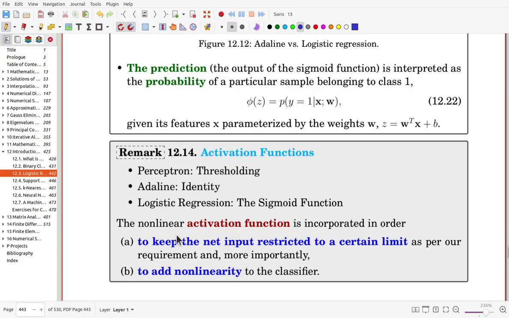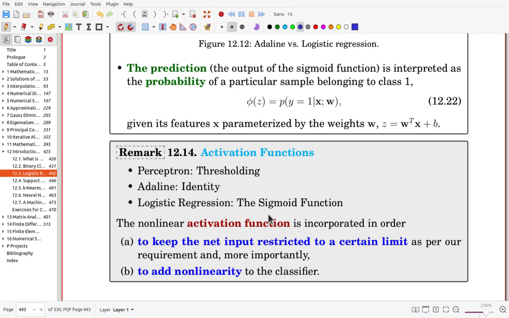The nonlinear activation function is incorporated in order to keep the net input restricted to a certain limit. With the sigmoid function, the output activated value must be between 0 and 1.